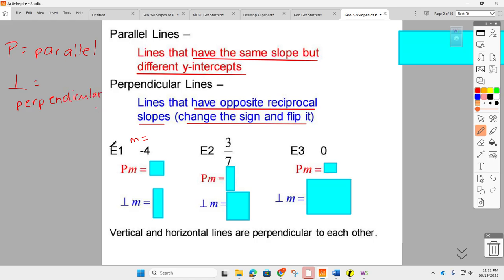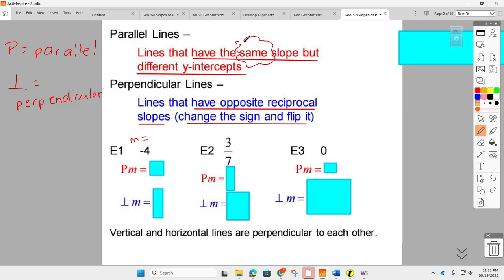So this would be what is parallel to this slope here. Figure 4. No, not 4. Same slope, right? This slope is -4, so we need the same slope.